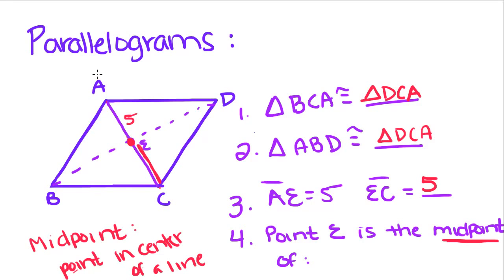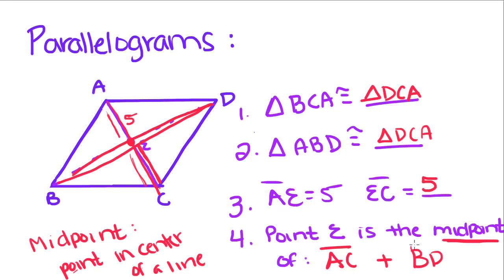And we know that it's a midpoint because the line segments are equal. So point E is the midpoint of this diagonal AC and this diagonal BD because it cuts this line into two equal pieces as well.